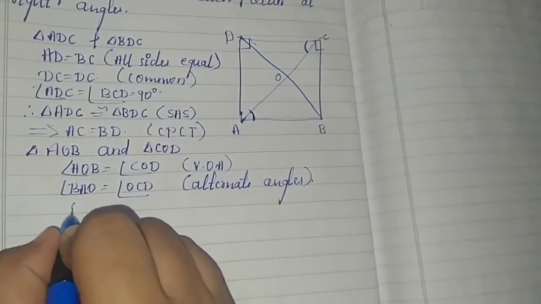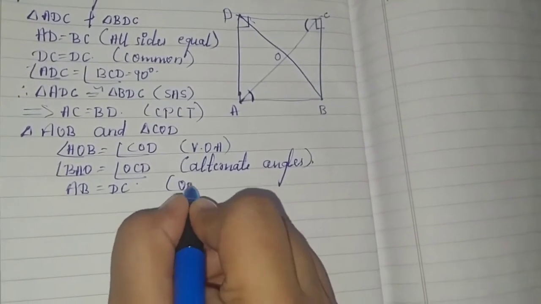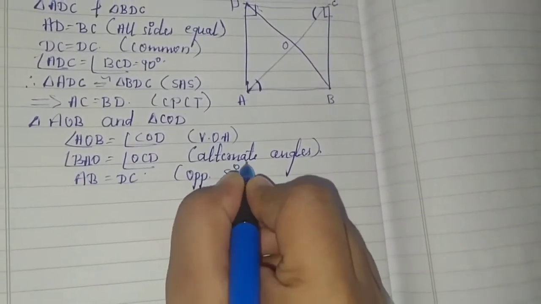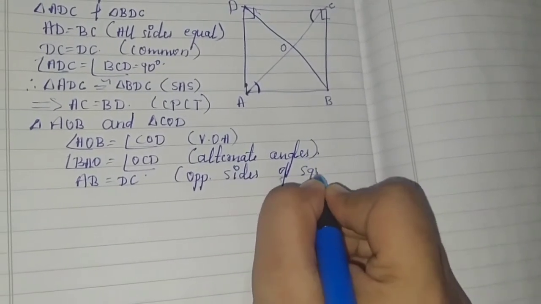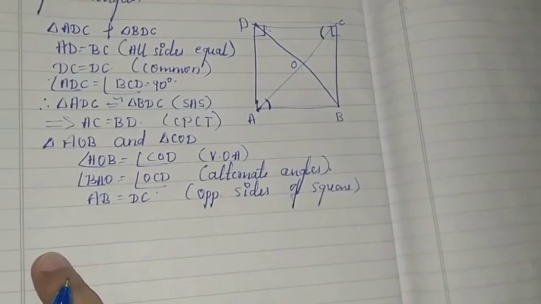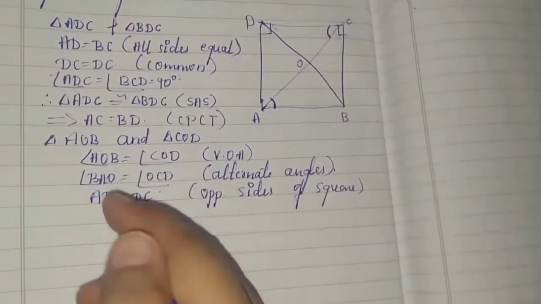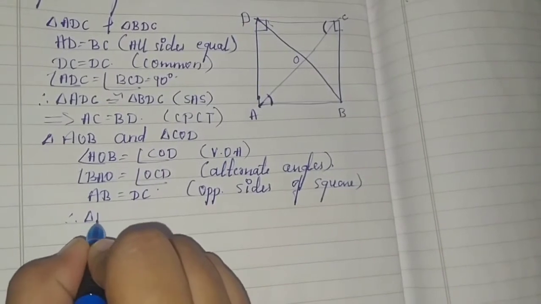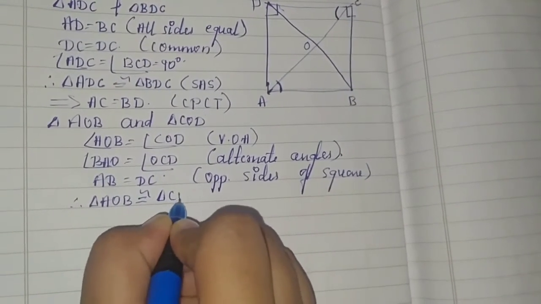So AB is equal to DC, I am going to write over here, because opposite sides of a square are equal, or you can say all the sides are equal in a square. For that sake I have written here AB is equal to DC. So you can say that triangle AOB is congruent to triangle COD.